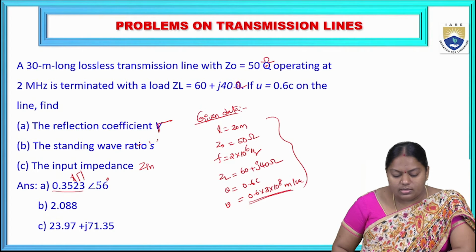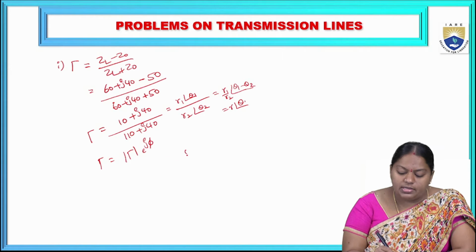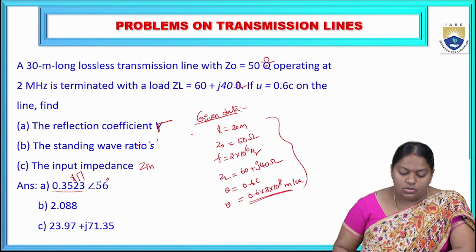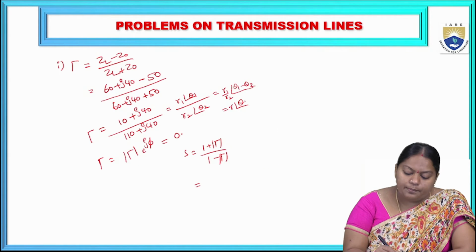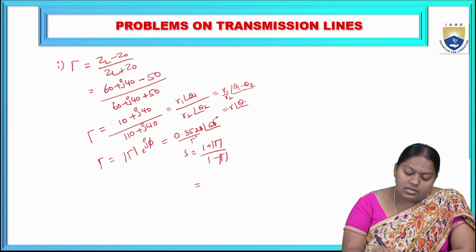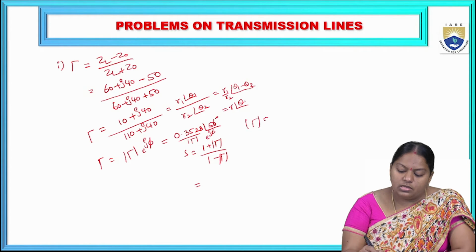Now from this, the standing wave ratio. To find it, the formula is S equal to (1 plus modulus of gamma) by (1 minus modulus of gamma), where the modulus of gamma is 0.3523, at an angle of 56 degrees for gamma.